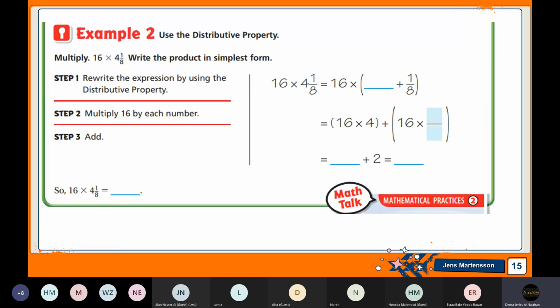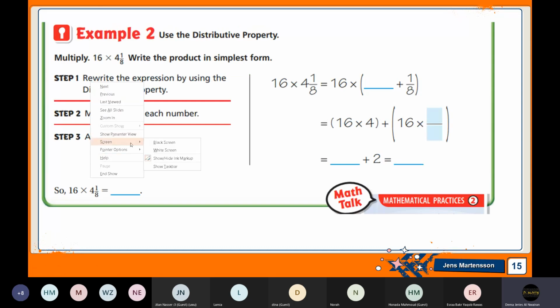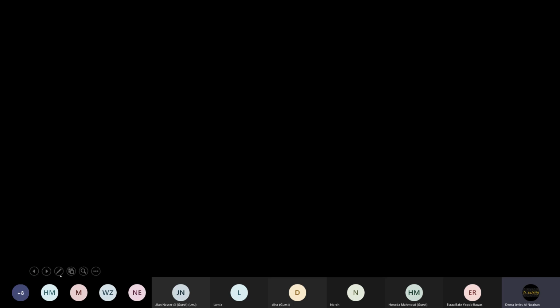First of all, you have to know something. If you have 3 and a half, how do you read that? You will say 3 and a half. Is it right?